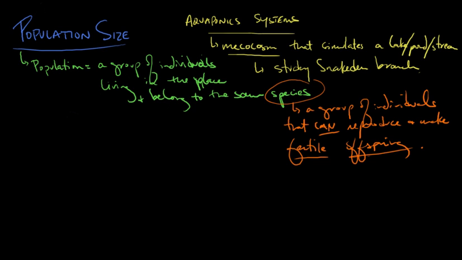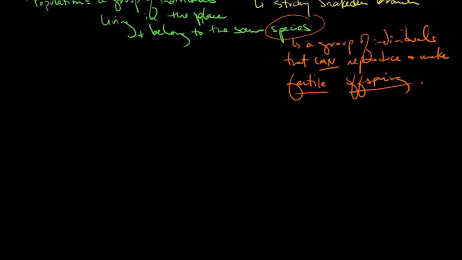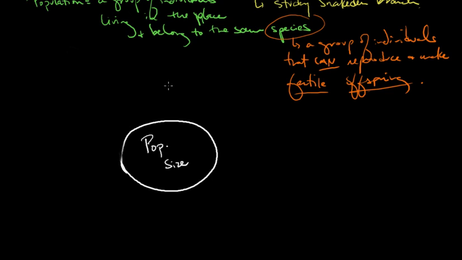So what accounts for population size? And there are four major factors that we think about. So I'm going to do my best to draw a circle here. Okay. What we're really doing is making a diagram of these four factors. So if we label this circle as population size, there are several factors that influence the population size.